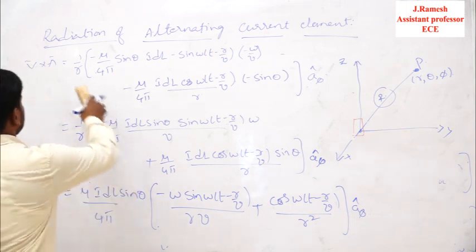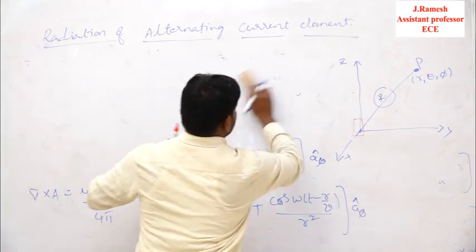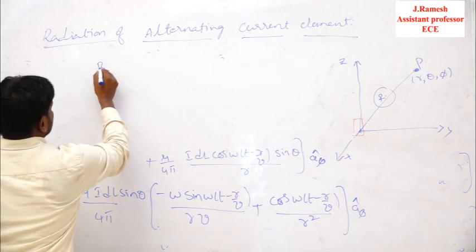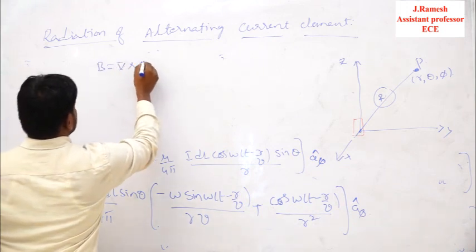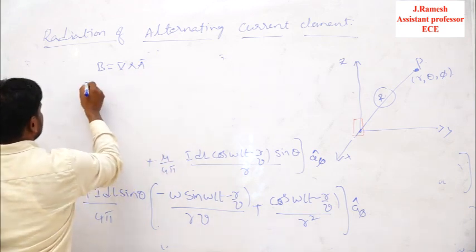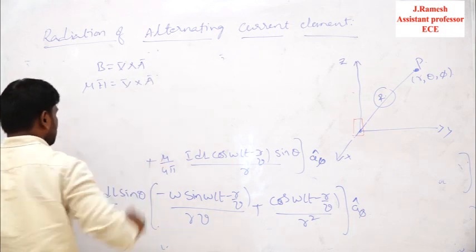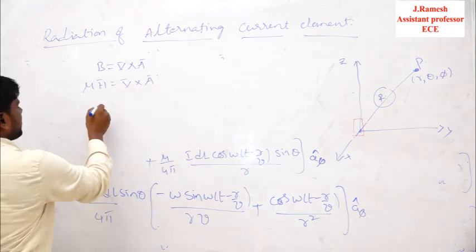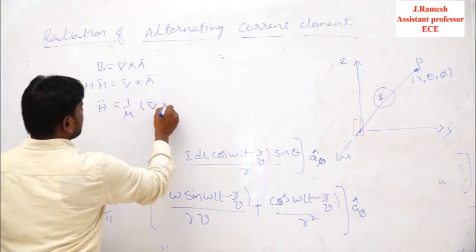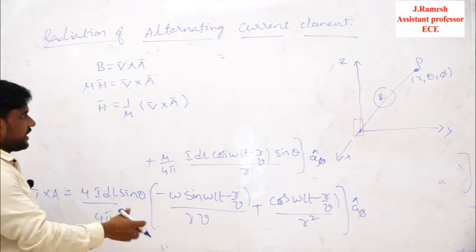I already explained this relation of the curl of A to our magnetic field: B is equal to del cross A, and we know that B is equal to mu into H bar, so it should be equal to del cross A bar. So now how can I calculate H bar? It's simply 1 by mu into curl of A bar. So we know what the curl of A bar is.